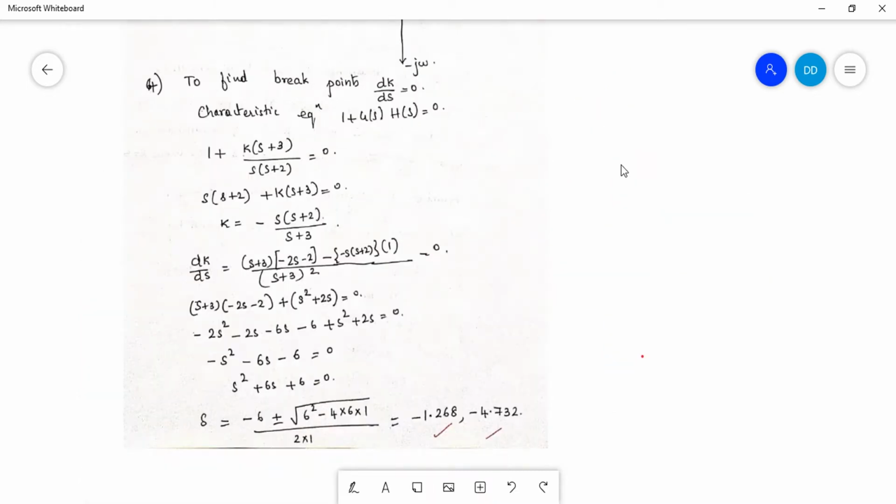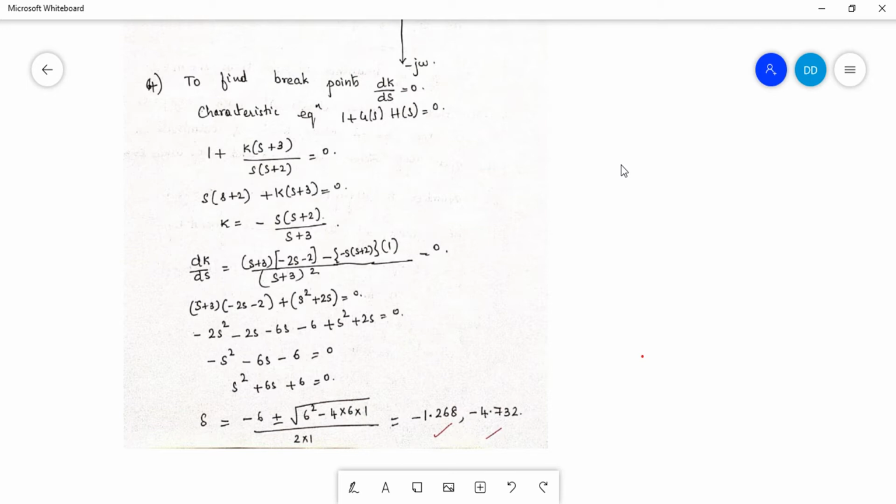To find them, we differentiate K with respect to s and equate it to 0. For that, we first write the characteristic equation 1 + G(s)H(s) = 0. So we get K = -s(s + 2)/(s + 3). On differentiating it and equating it to 0, we get s^2 + 6s + 6 = 0.